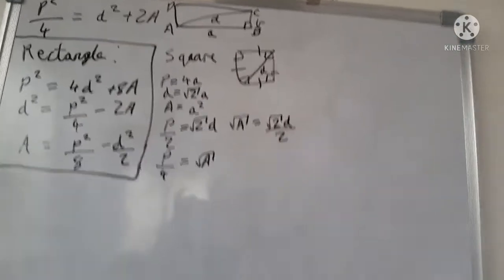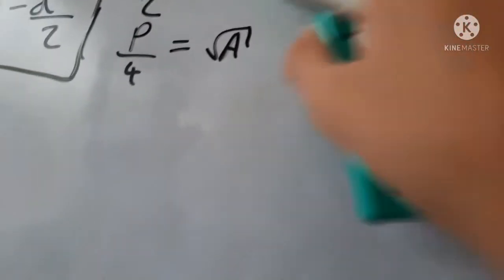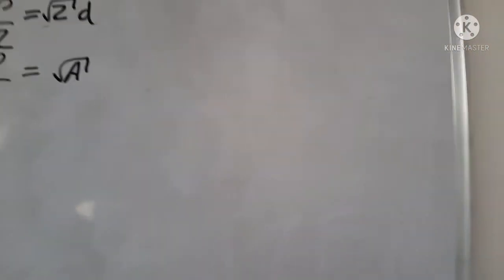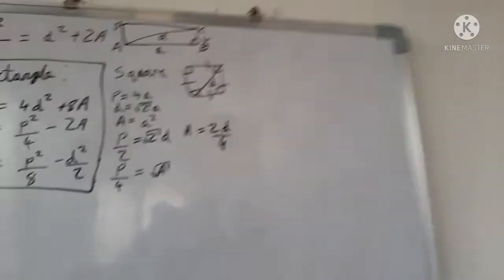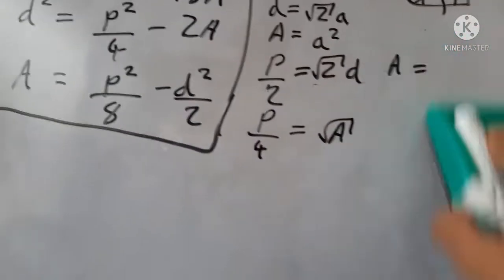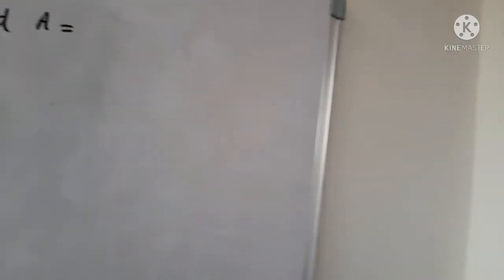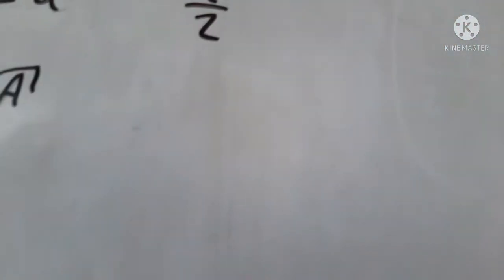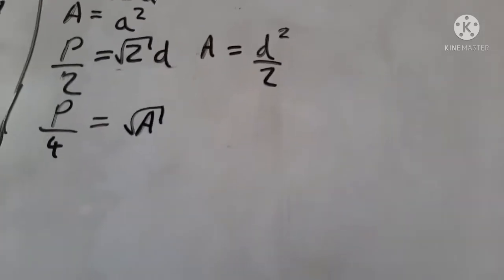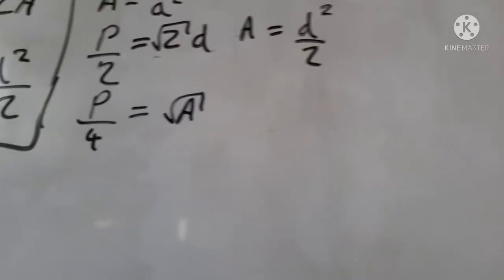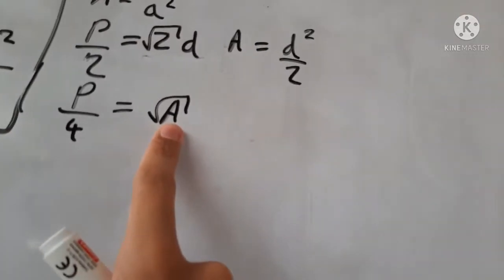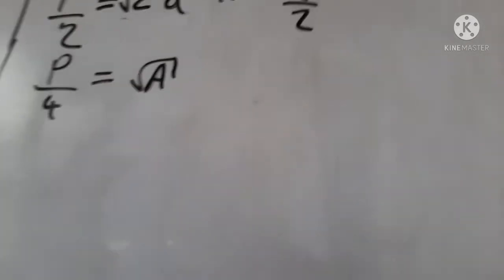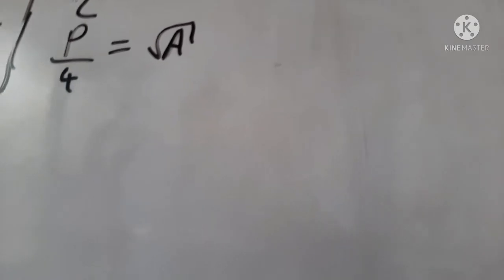Let's try squaring both sides, maybe that should help. That gives 2d squared over 4, which is d squared over 2. Am I doing something extremely wrong? d squared over 2, okay, thank goodness. For a second I really messed up in my head there. I'm just doing dimensional analysis in my head to correct these things.